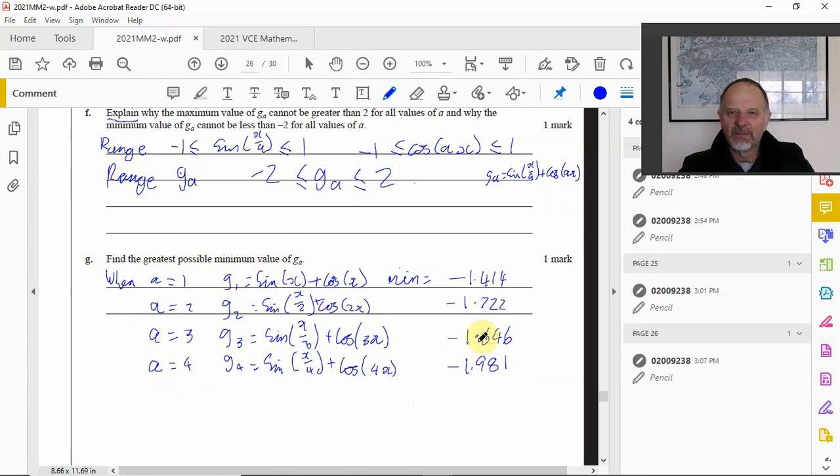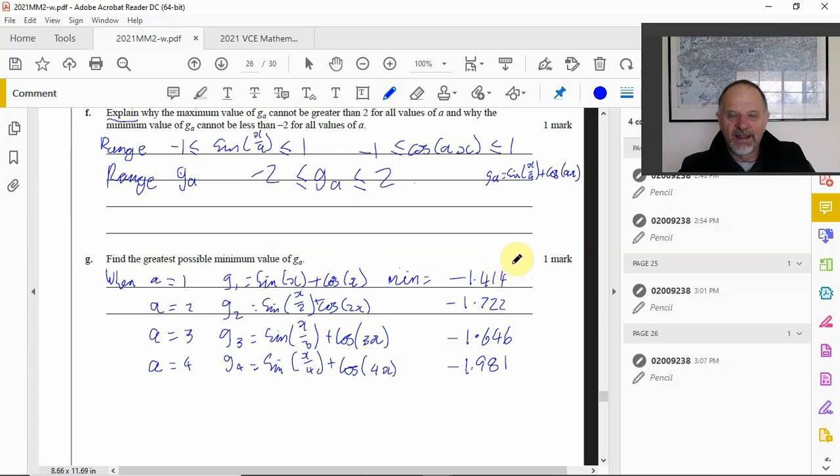So these are the minimum values, the greatest. Remember we're going into negatives here. So the greatest would be the one that's highest up the graph, and the one that's highest up in the y direction is this top one here, which is negative 1.414.